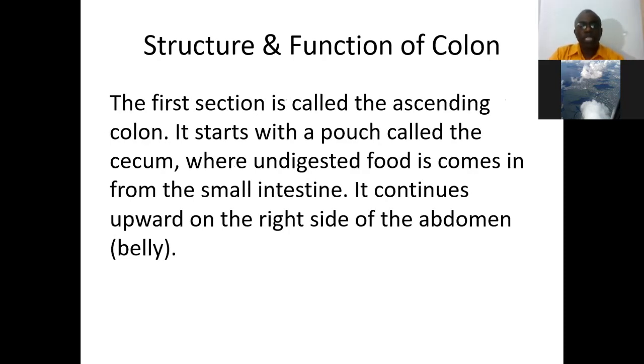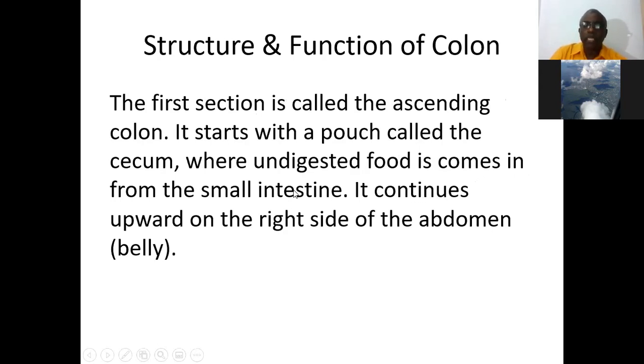So the first section, as I mentioned, is called the ascending colon, the part that I show you over this side that goes up. It starts with a pouch called the cecum, where partially undigested food comes, after the nutrients have been taken out. But we're talking about the liquid.